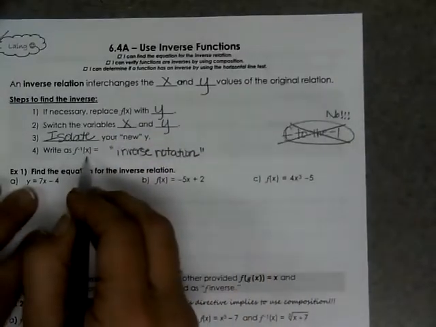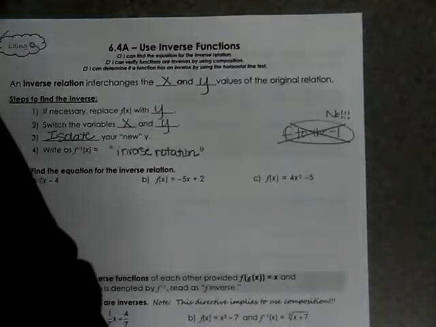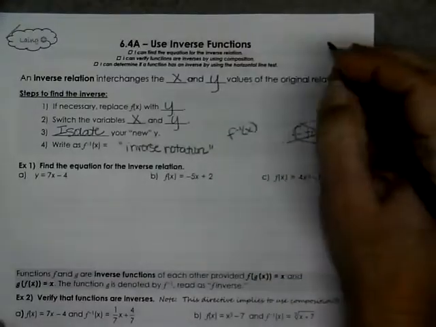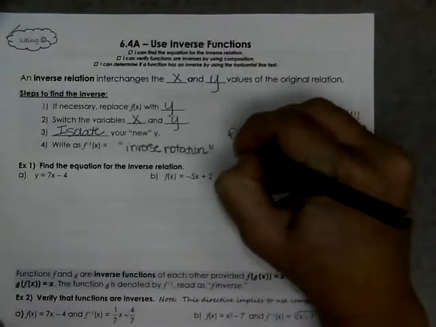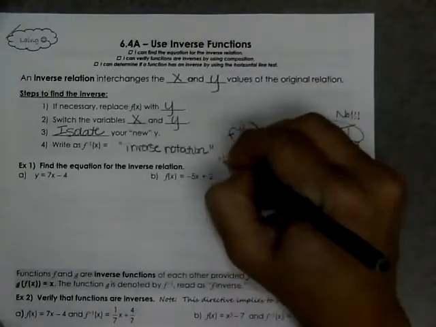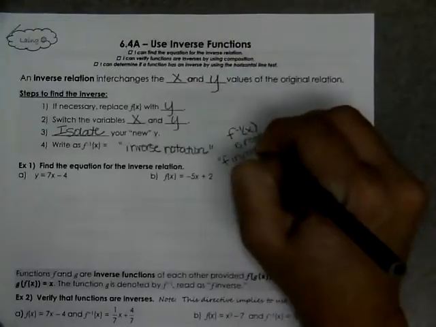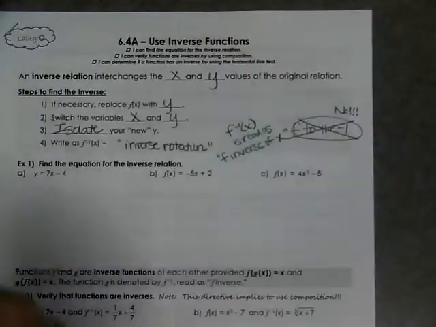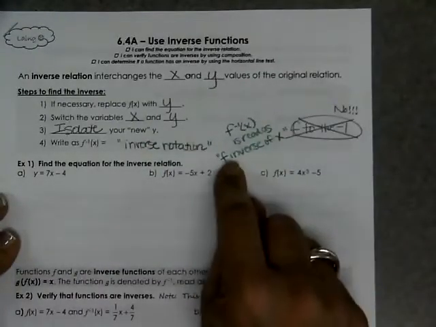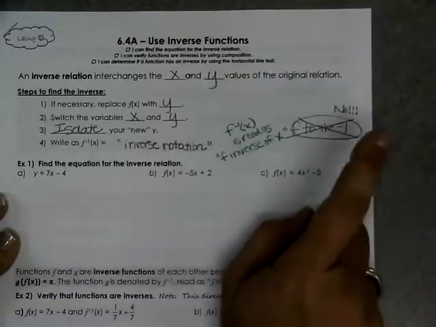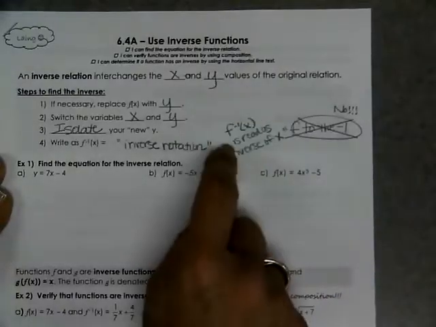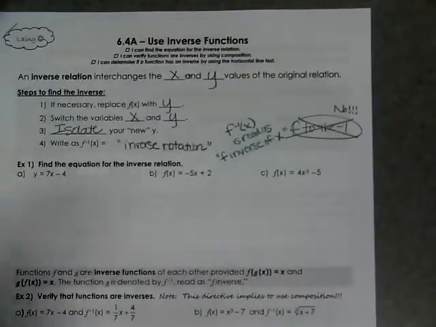This is what we want you to write, and it's read as f inverse of x. So not f to the negative 1. It's read as f inverse, okay? So we're going to be writing it in inverse notation.